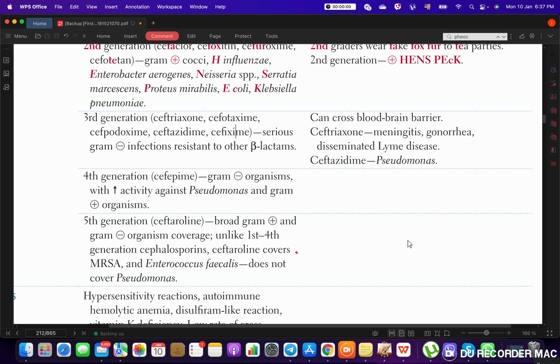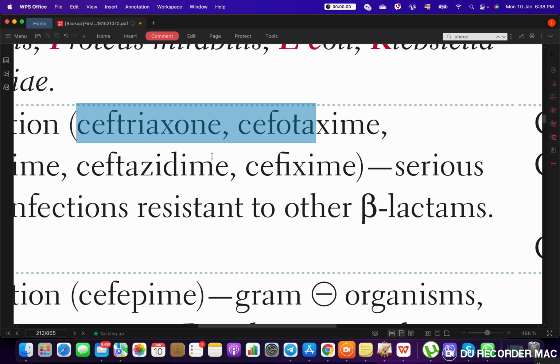So it can cross the blood-brain barrier, which makes it work perfectly for meningitis. So we use it for meningitis, gonorrhea, and disseminated Lyme disease. The cefotaxime is for Pseudomonas. Guys, to be fair with you, the actual difference between ceftriaxone and cefotaxime is the only one that can be asked of you.